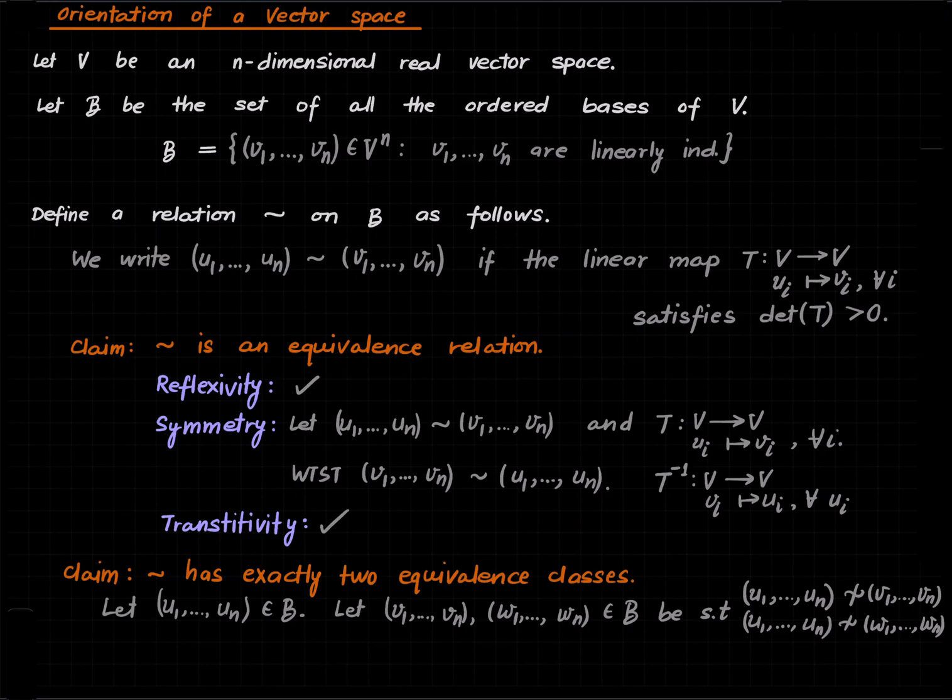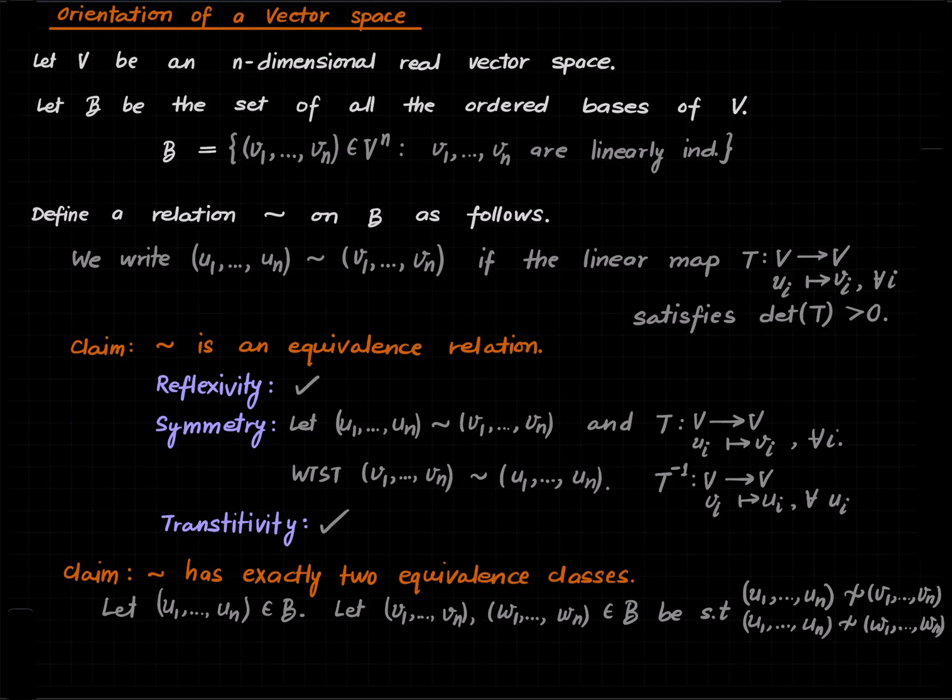And now we will show that if you fix some element of script B and choose two things which are not equivalent to it, then those two things are equivalent, and that will show that there are exactly two equivalence classes. How do you do that? You just use the definition.